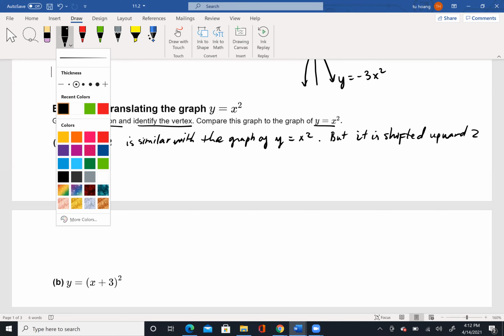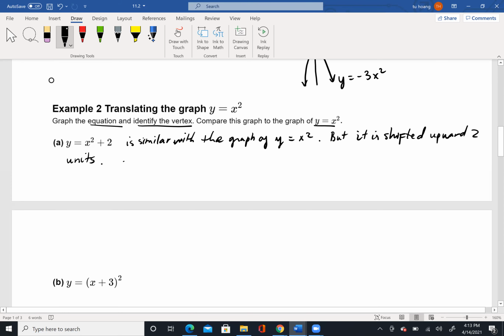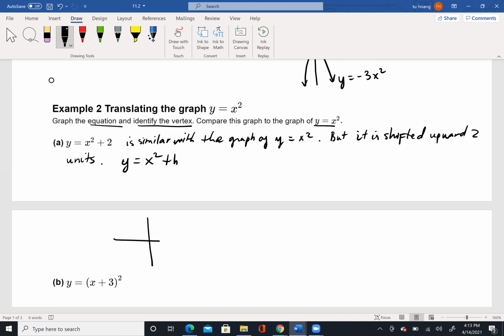Because this one is in the format y equals x squared plus h, right? You see that? So we shift upward h units, which is 2 units. So let me have the graph. Let's move down this one a little bit.